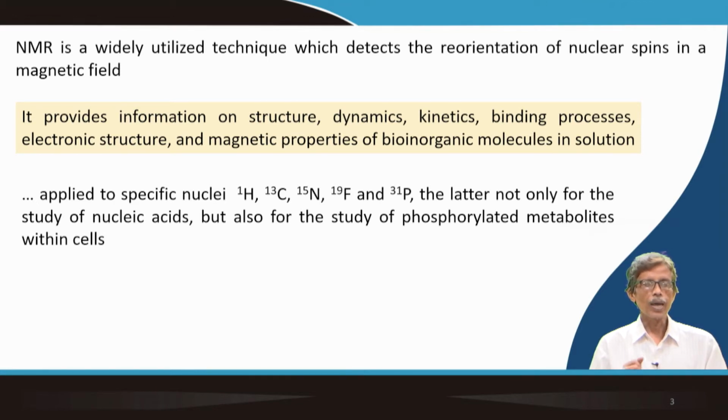It is applied to specific nuclei which are NMR sensitive or NMR active, like the proton, the 1H nucleus, and 13C, 15N, 19F and 31P.